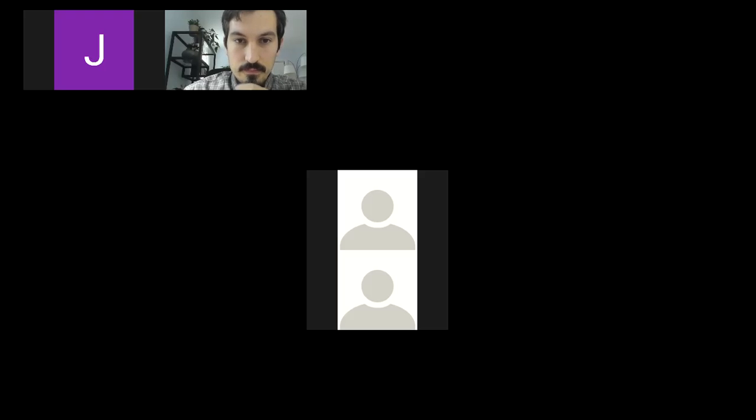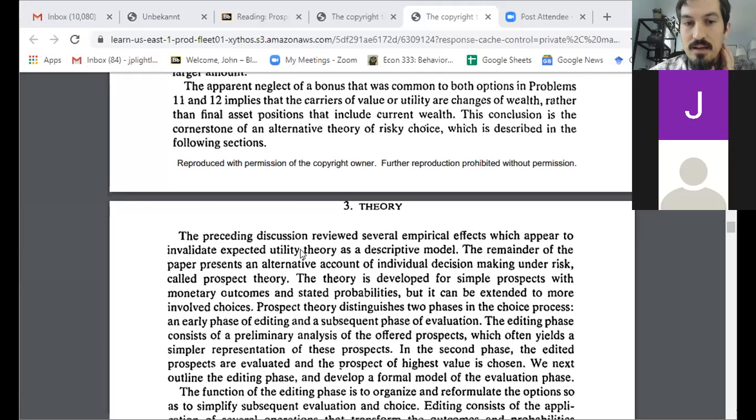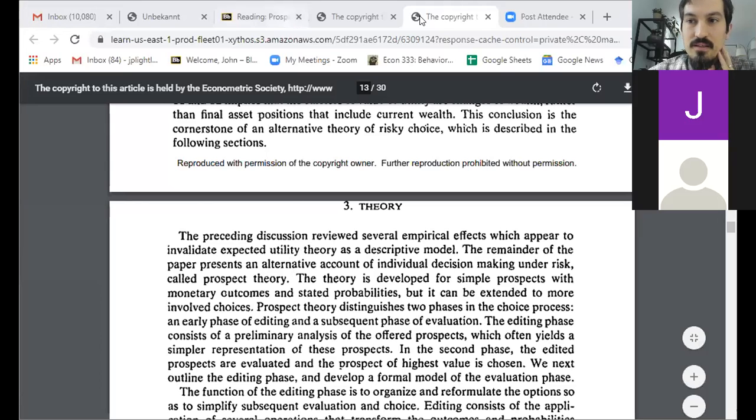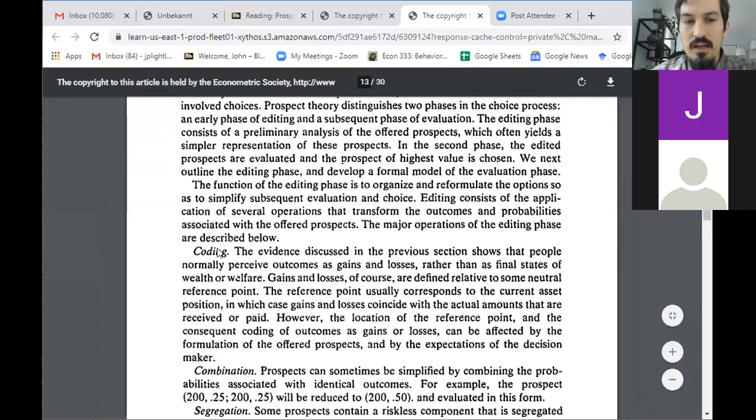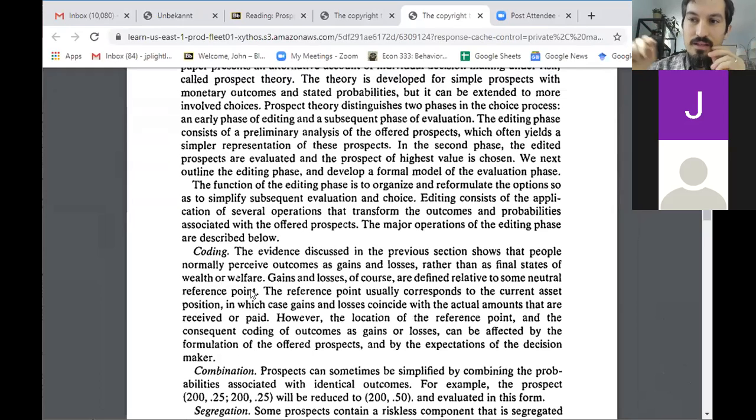Right here. Okay, this is the editing phase of prospect theory as initially described by Kahneman and Tversky. Coding is the first thing that happens. This is like evaluating everything relative to the reference point. And of course, that's part of the theory.